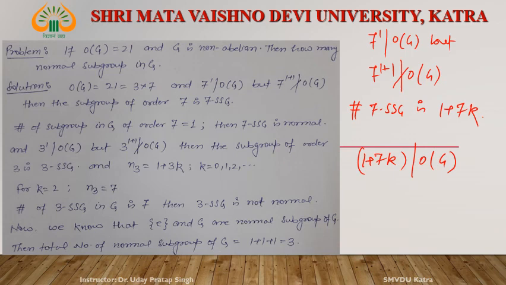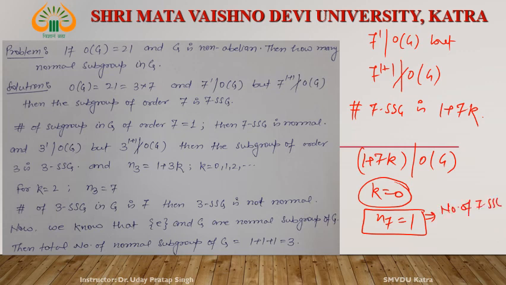This divides order of G only when k is equal to 0. Then n7 is 1. This implies that the 7 Sylow subgroup is unique, and the above theorem says that if this 7 Sylow subgroup is unique, then it is normal.